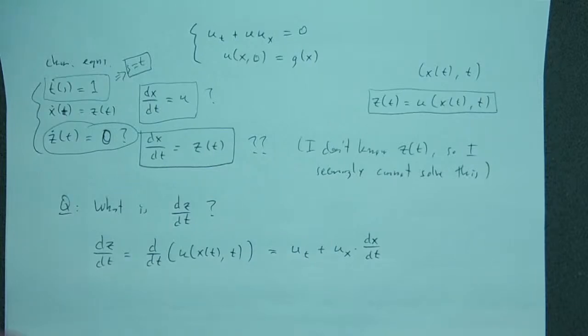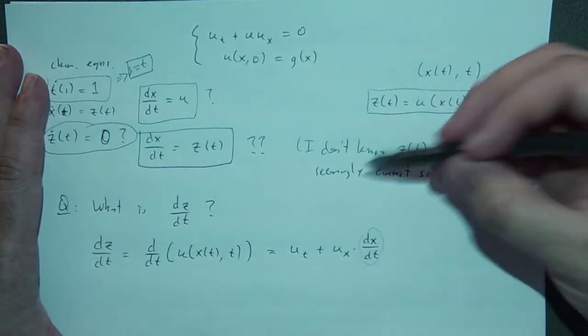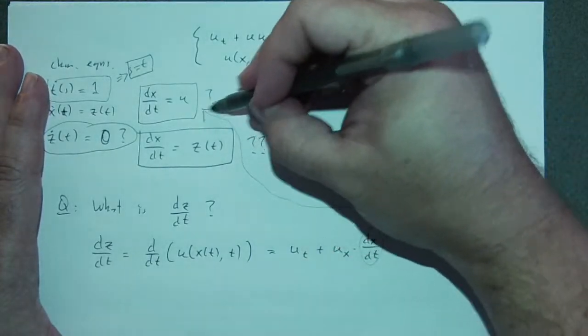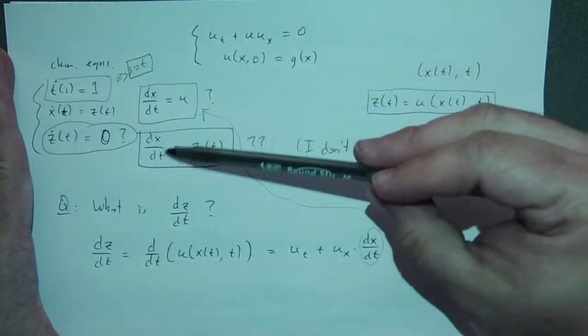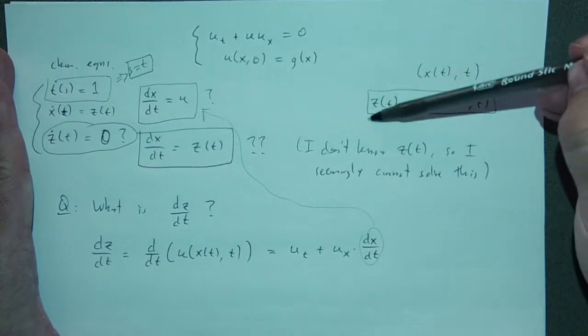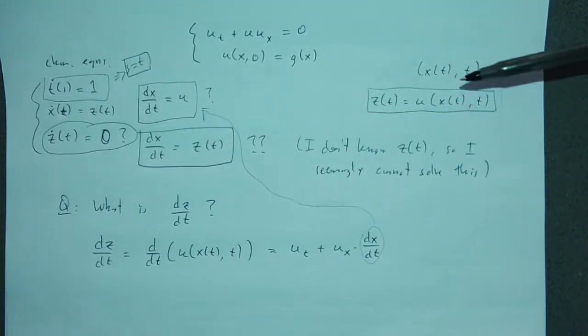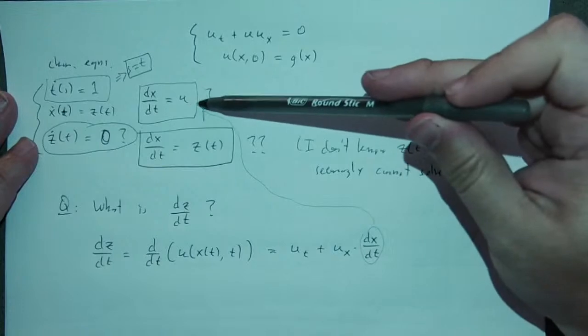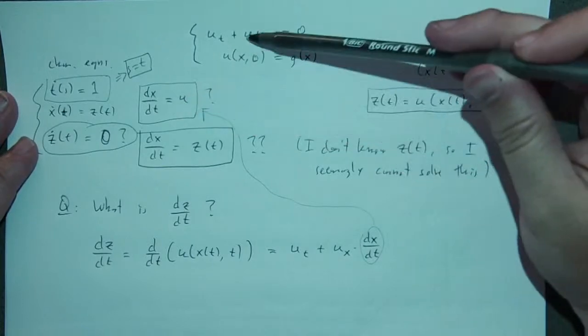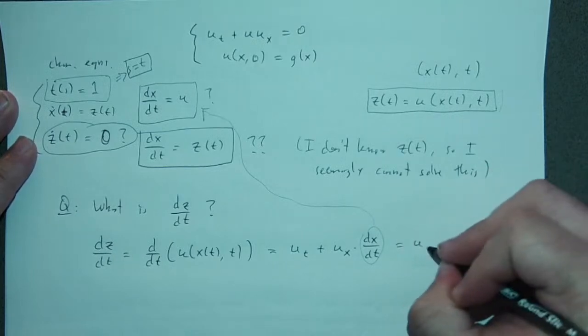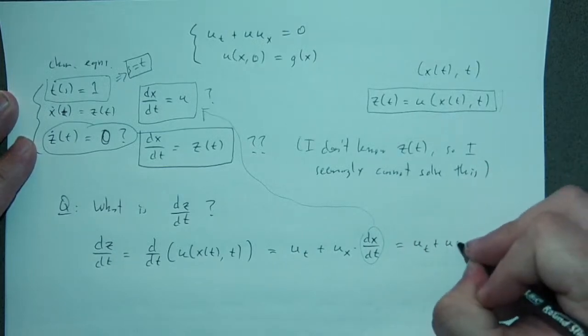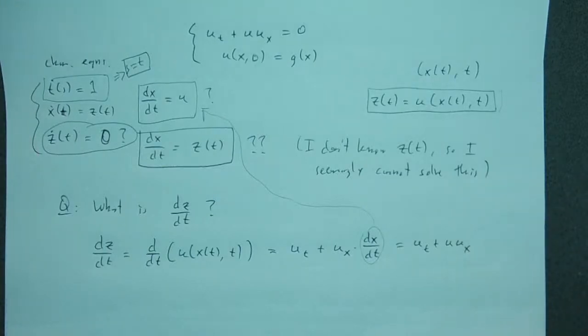Oh, wait. This dx/dt, remember, we wanted to naively write it as dx/dt is equal to u. We were able to recast that as dx/dt is equal to z because z is the value of the solution on the characteristic. But really, this is dx/dt is equal to u here. And so what I get is u sub t plus u sub x times u. You might be tempted to write that this is equal to 0, but let's think about the logic for a second.